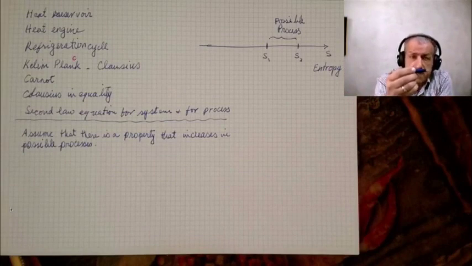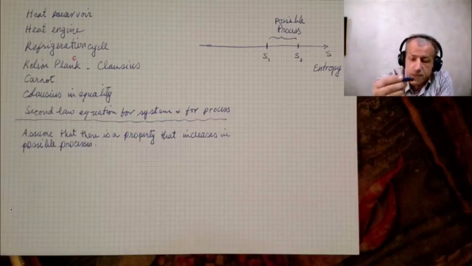This is a possible process, so entropy should increase. But if it goes up, entropy should drop because it is an impossible process.